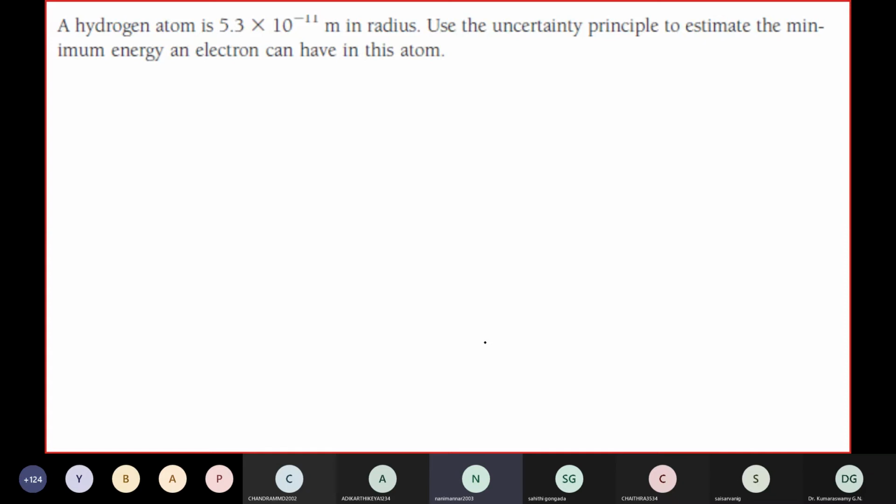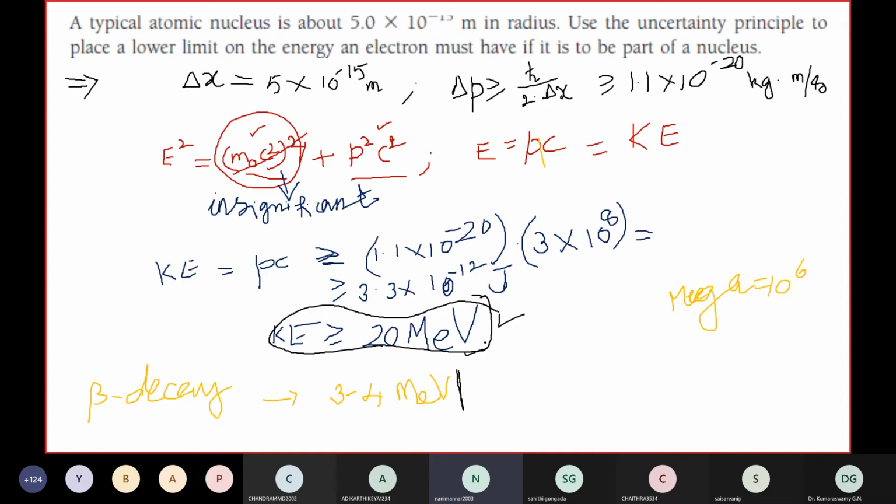Sir, it's not about any radius, like a small electron or like that? No. In that question, see, 5 into 10 to the power minus 15. What it says is, if the electron has to be contained in such a small space, 5 into 10 to the power of minus 15 meter radius, it has to have this much energy.